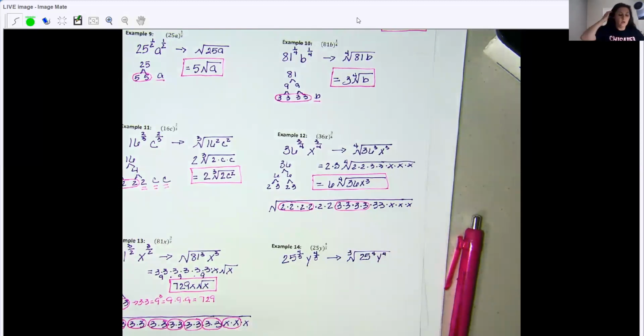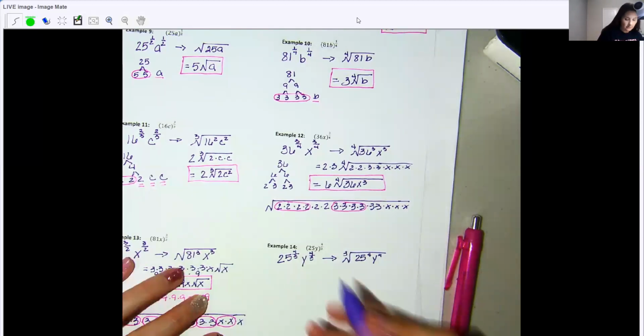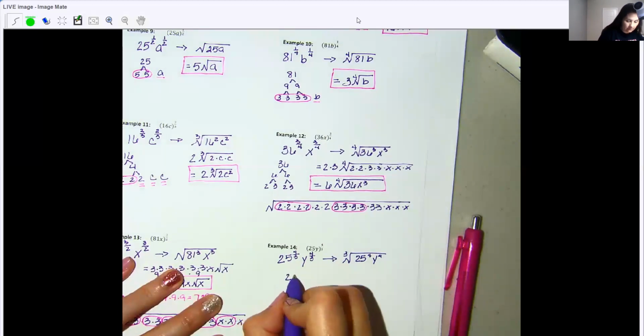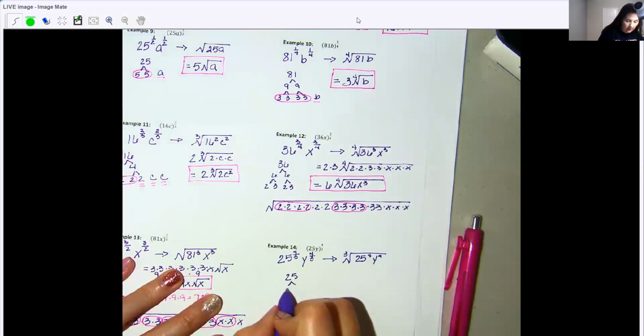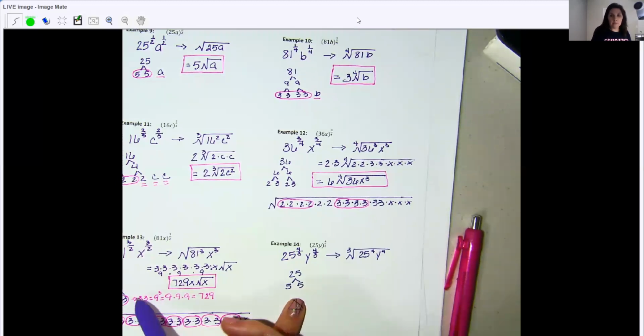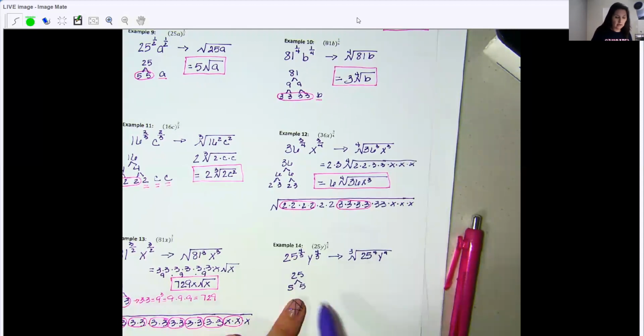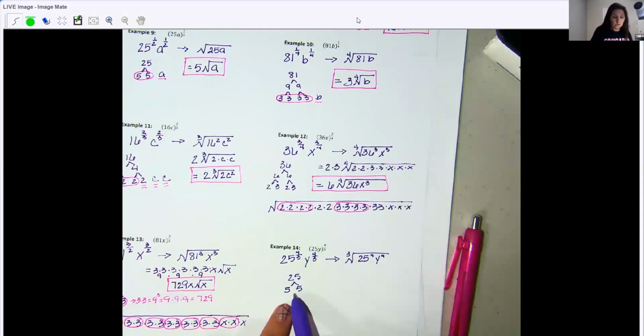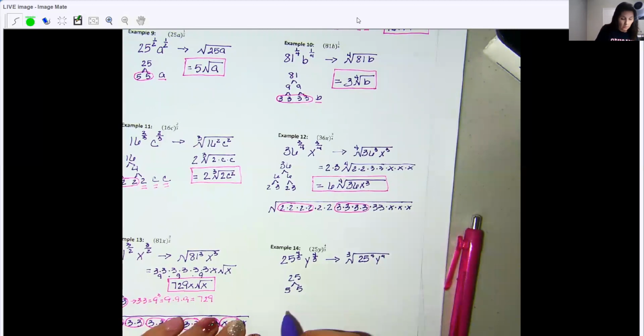Okay, so I'm going to factor out 25. And I get 5 times 5. Notice in this one, it's not like the previous one we just did. I don't have a group of 3. So in this example, I would go ahead and write everything out.